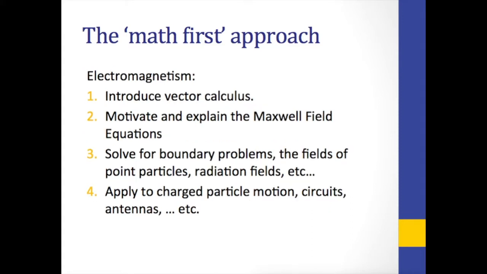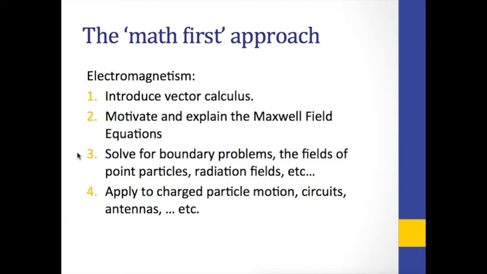Let's apply this to something that we're more familiar with at an undergraduate level. Let's look at electromagnetism. In this one, we're going to first introduce vector calculus, and then start looking at the Maxwell field equations once we've learned that vector calculus, and use them as an example of what vector calculus can be applied for.